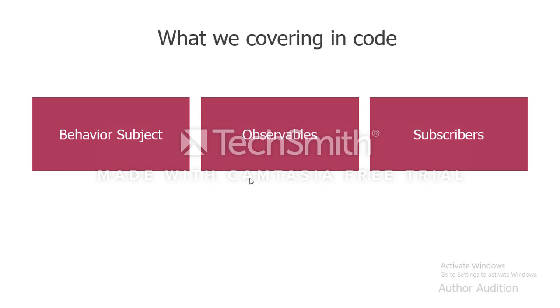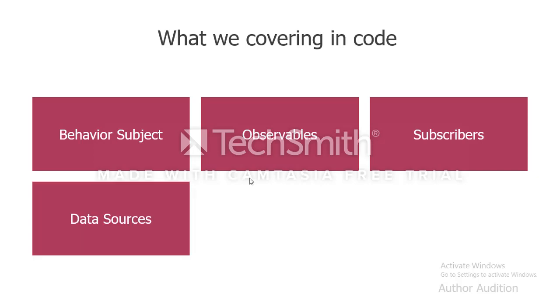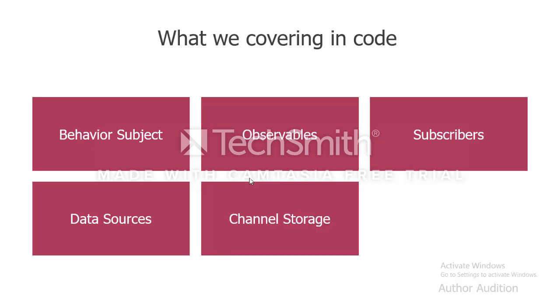Whenever there is a change, the observable emits that event and subscribers consume it. The information may be coming through different data sources, and all the data sources are fed into the behavior subjects.